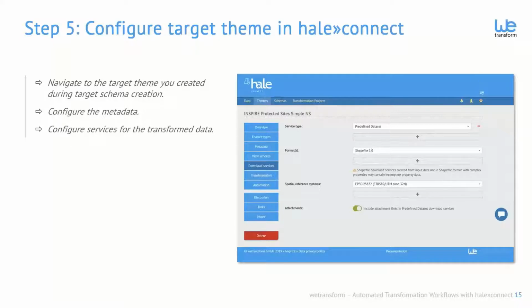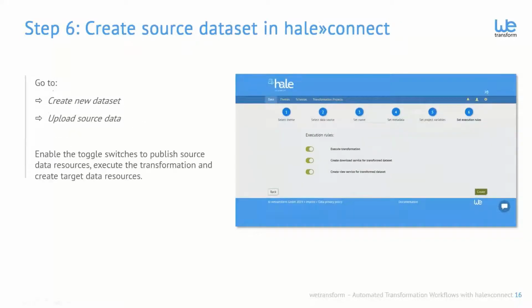And once you have your target schema and target theme set up, then what you do is you upload your source data. So you simply create a new data set on Hale Connect, and that process will use all of the resources we've just created. So you basically upload your source data, select your source theme, and then choose what it is you want to do. Do you want to execute the transformation, publish your services?